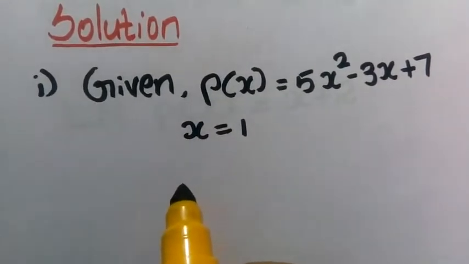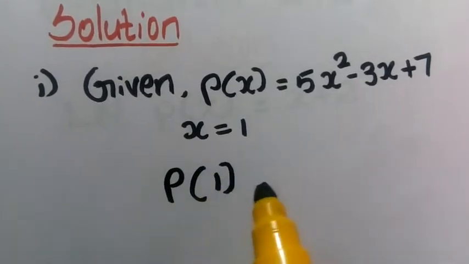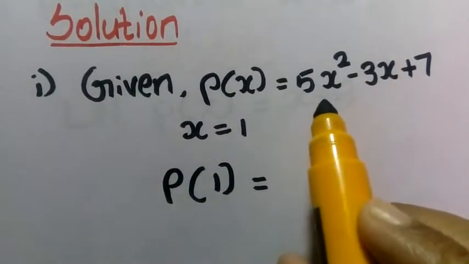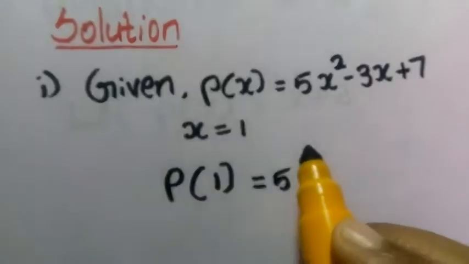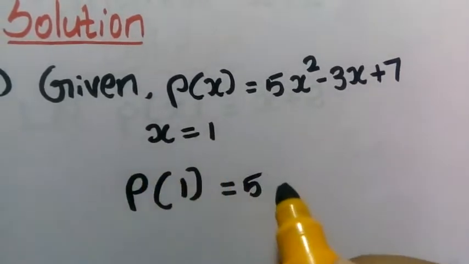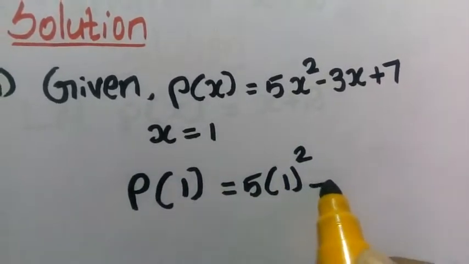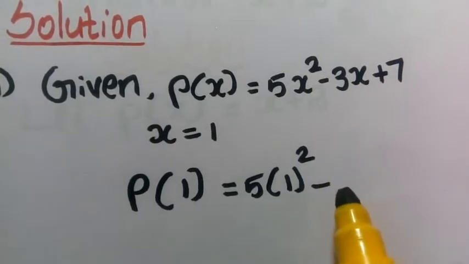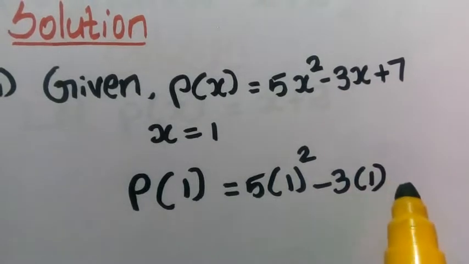So, p of 1 is equal to, we have 5x square. So, 5 into x square. X is 1. So, x square means 5 into 1 square, minus 3x, 3 into x. So, 3 into 1 plus 7.